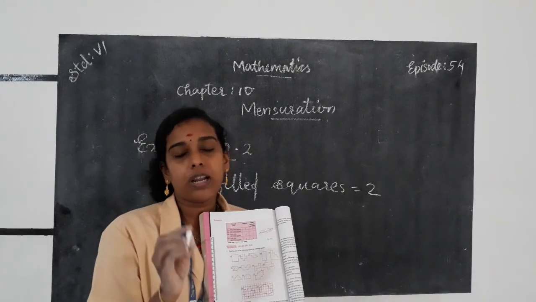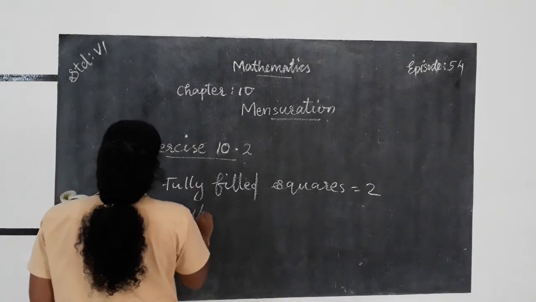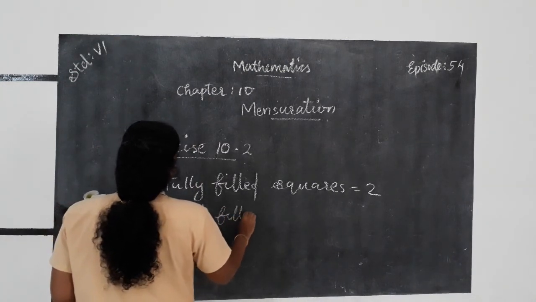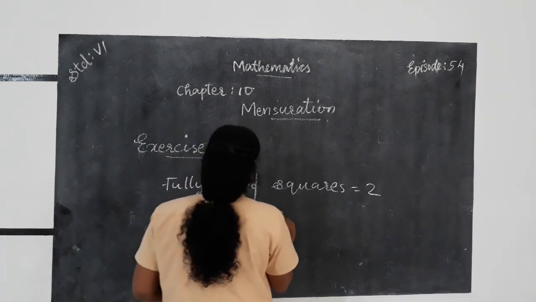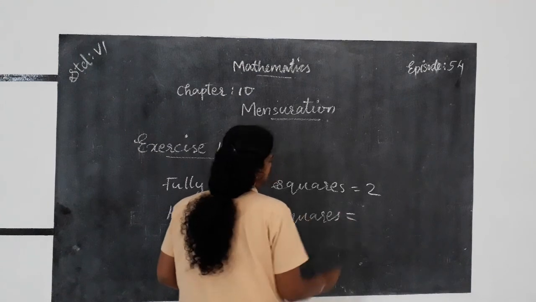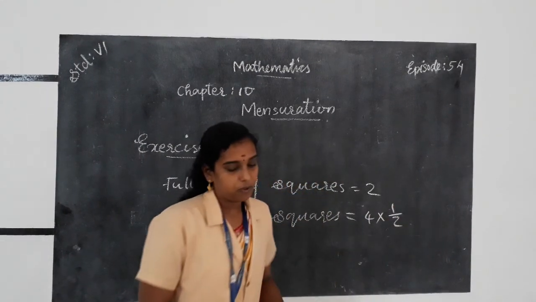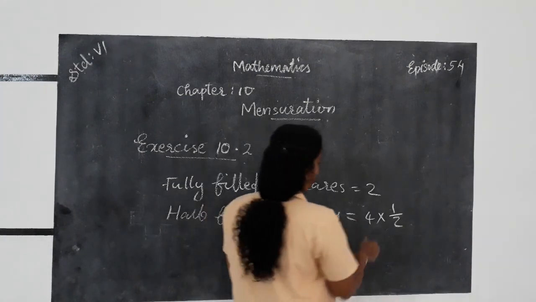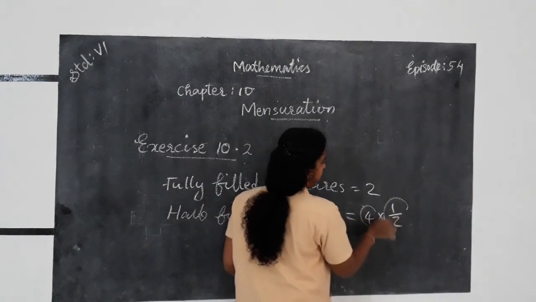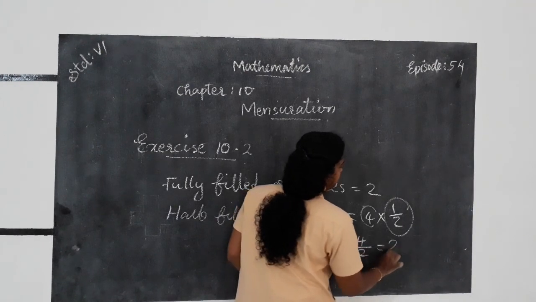So the number of half filled squares is equal to 4. 4 into 1 by 2, which means 4 figures are half filled. So 4 into 1 by 2, we get 4 by 2, that's equal to 2.